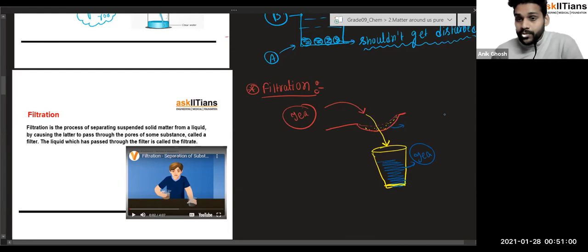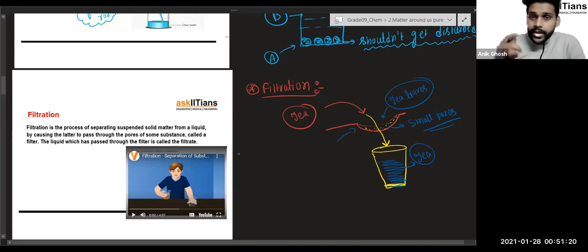So the tea leaves would be there as a residue. They would be there in the sieve. This is a sieve plate. The entire thing would be stuck there and the solution would go through it.